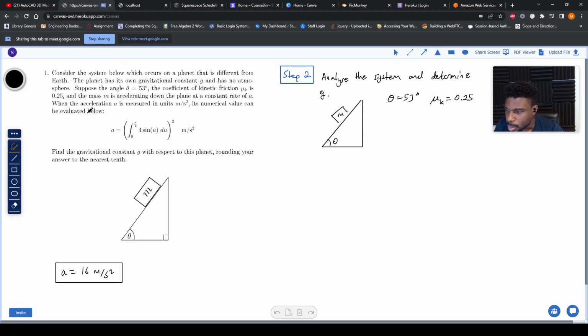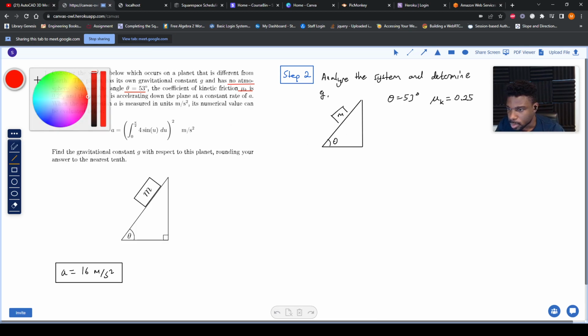Okay. Let's just underline all of this information down here. And the problem also states that the planet has its own gravitational constant g and has no atmosphere. So no atmosphere means we don't have to worry about air resistance.